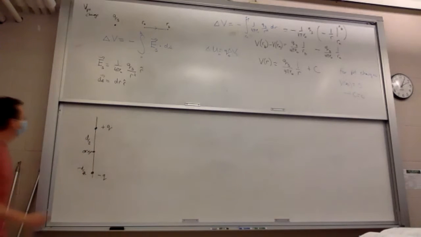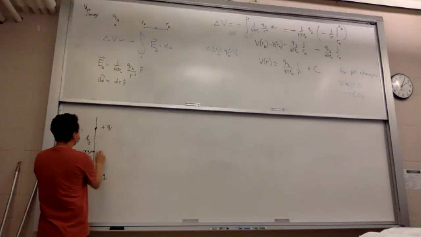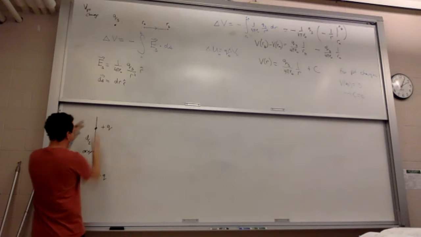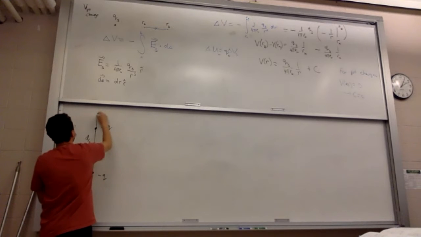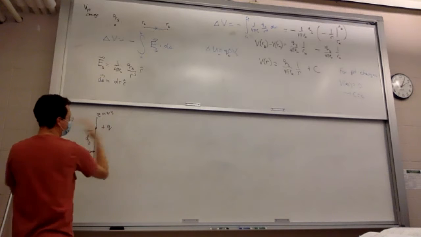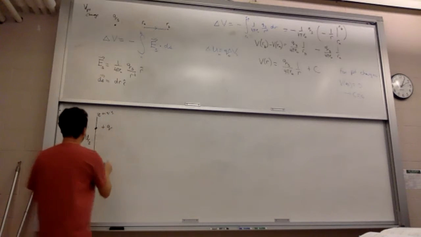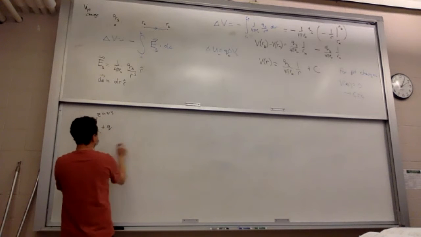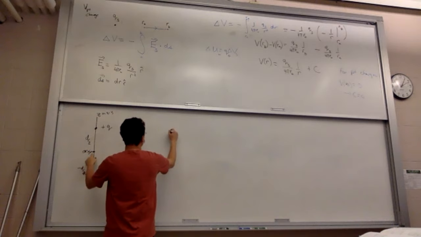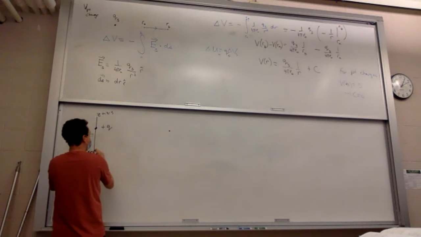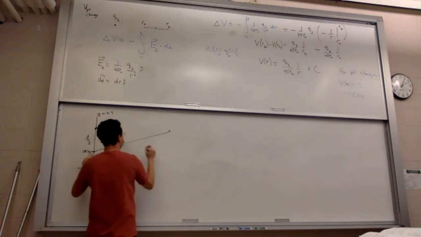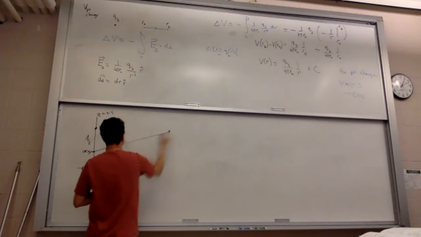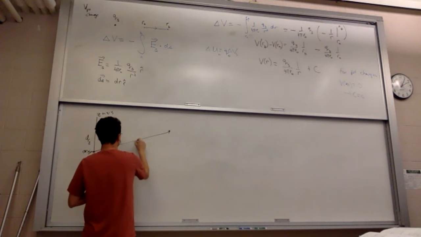This will be the z-axis, and you can imagine there's a 3D space around it. What I would like to know is the electric potential out here at some random location R.